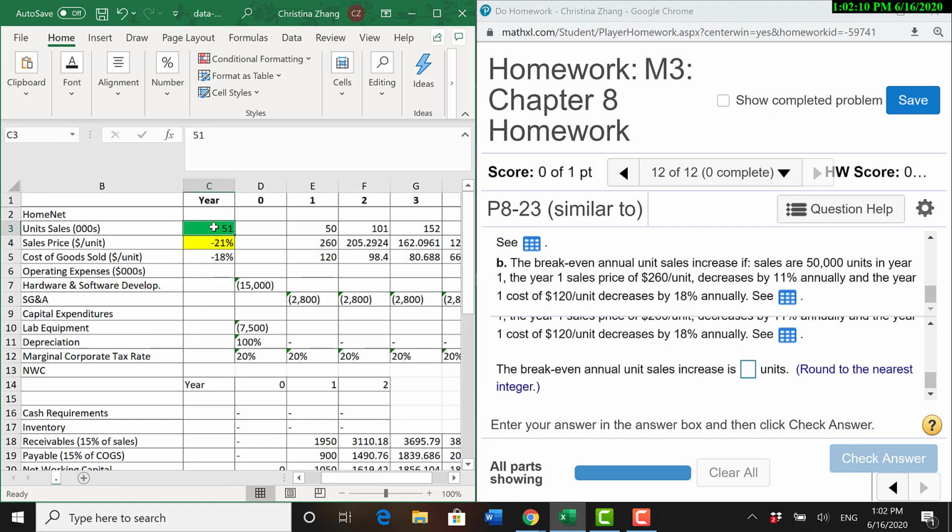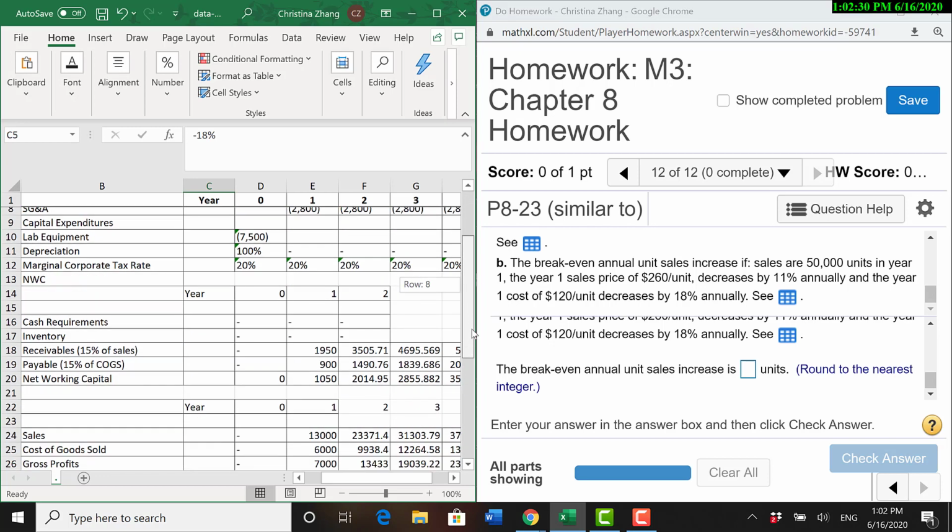So this is part B. I'm going to change this one. And my selling price is 260 starting point, decreased by 11% annually. So I'm going to change it to 11%. And the cost is 120, decreased by 18%.